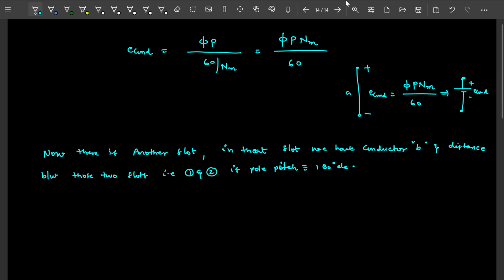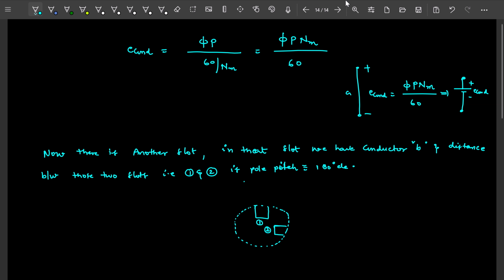This is that armature, whatever you have seen previously. Okay, this is that slot 1, and there is another slot at 180 degrees. This is slot 2.